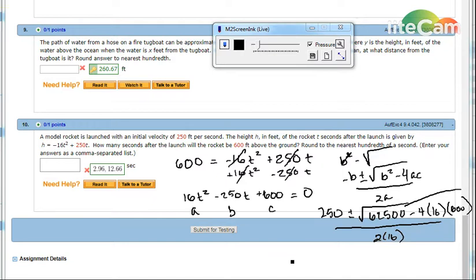Alright, so let me see if I might be able to do this in my head here or on paper. So let's take 4 times 16 times 600. 4 times 600 is 2400, and 2400 times 16 is, sorry for this manual calculation here, but I just happen to not have a calculator with me.